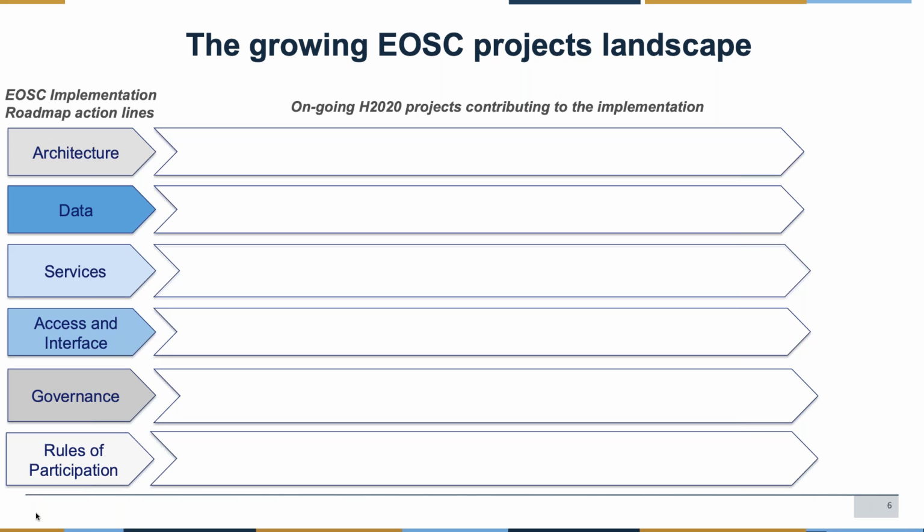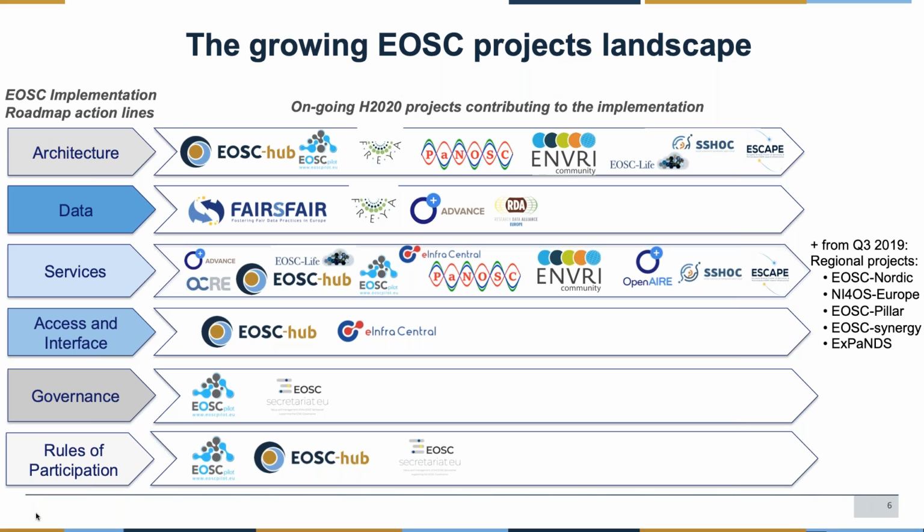And in the last couple of years, the European Commission co-funded several H2020 projects to work on these 6 action lines. Here I just put the logos of those projects to indicate that there is significant momentum already in those projects to contribute to the implementation. And further projects will start later this year, focusing on different regional initiatives.